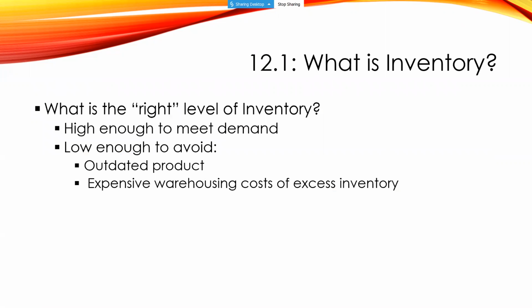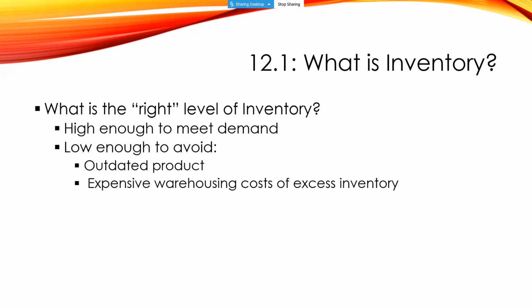So, what's the optimum level of inventory? What's the right amount? You want it to be high enough to meet the demand of the customers, but low enough to avoid things like outdated product. Huge in something like a supermarket, where you see the discount bin happening or goods having to be thrown out.